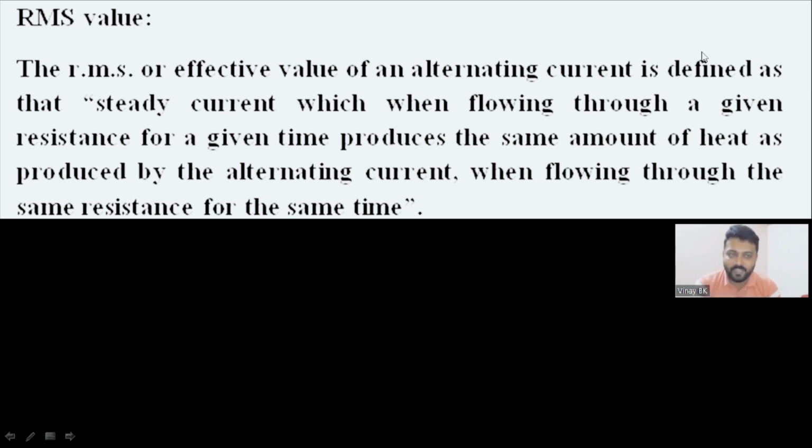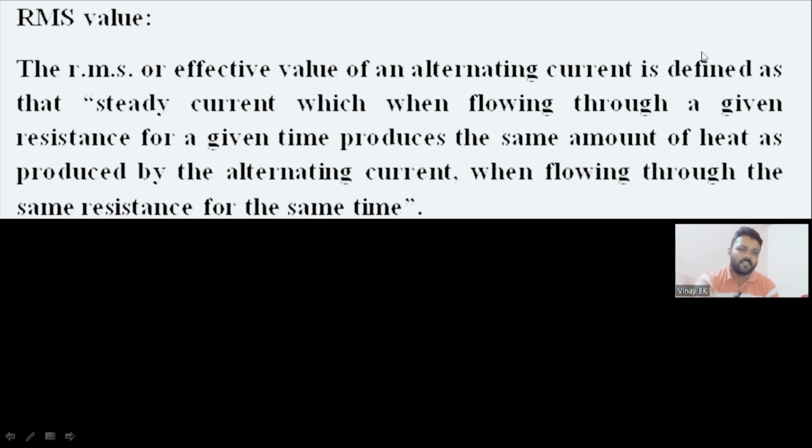The same amount of heat will be produced if you apply AC flowing through the same resistor for the same time. If you supply AC current also, the resistor produces heat, but the amount of heat for the given time will be the same. This is just for your understanding.